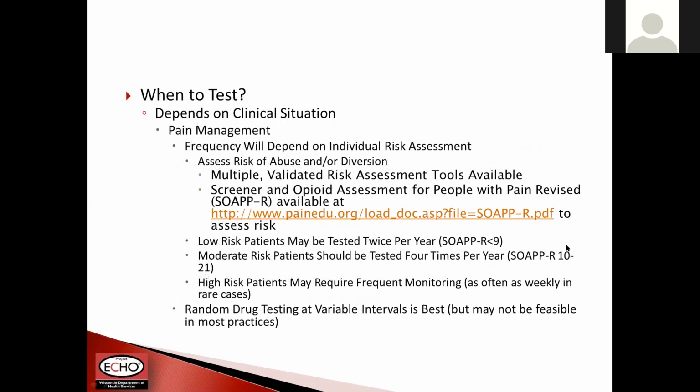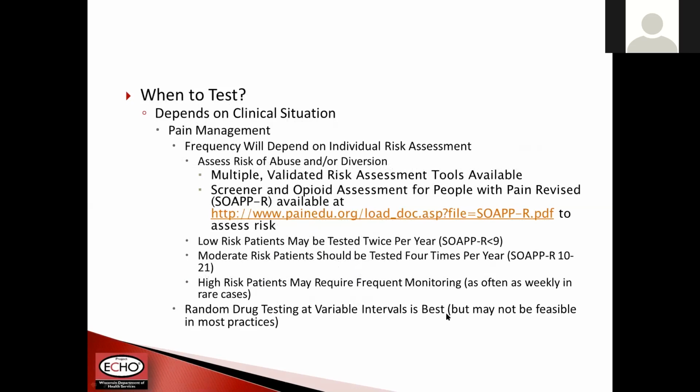You have the website here that provides it. For low-risk patients, maybe once, max twice a year. Moderate to high-risk patients more frequently. And that's typically kind of the standard of care for pain management. So the SOAP-R is a pretty easy test to do when you start prescribing opiates and to assess risk. It should probably be repeated every once in a while just to make sure that the risk hasn't changed.